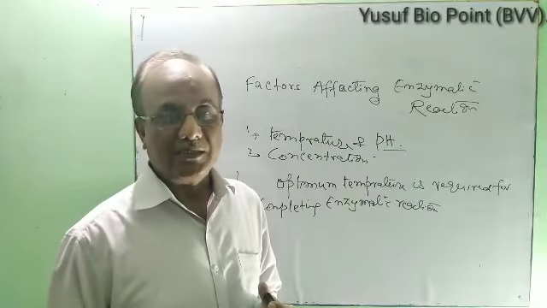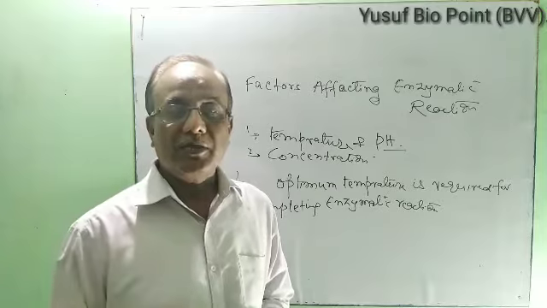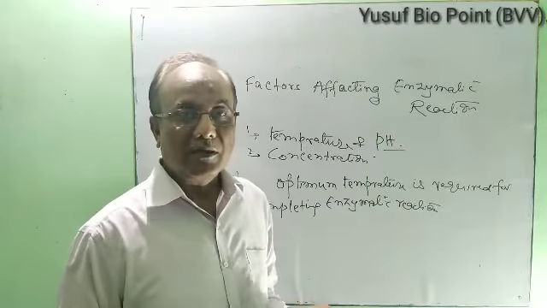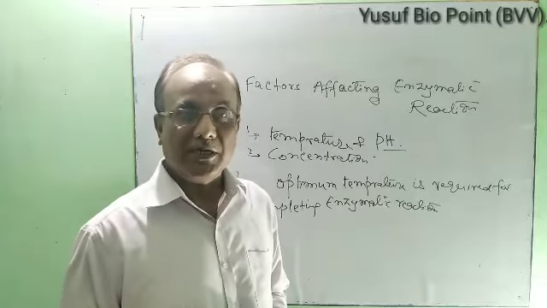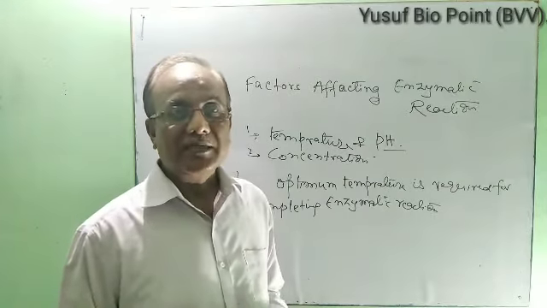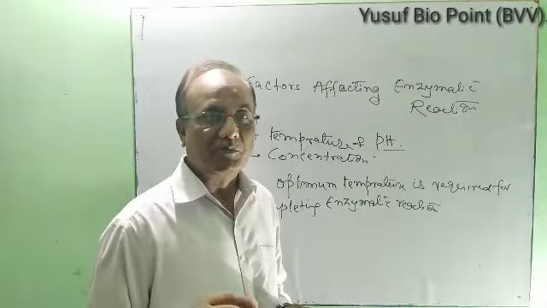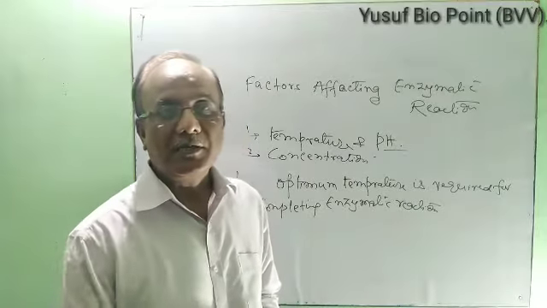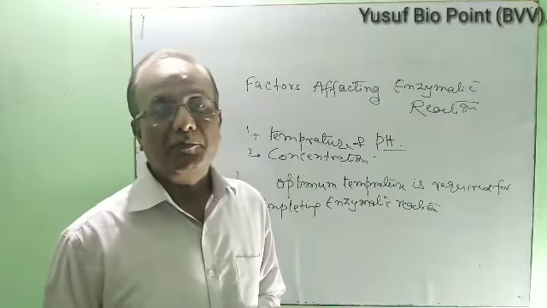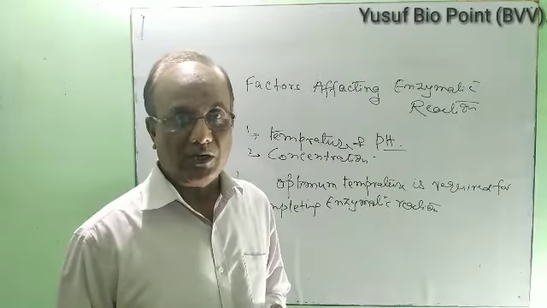So pH is essential, and it should be maintained according to the reaction. Because if the enzyme works in acidic medium, suppose, and we give it a basic medium, how will it react? So pH is essential for that.